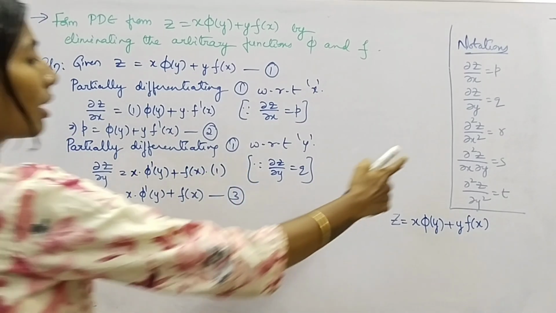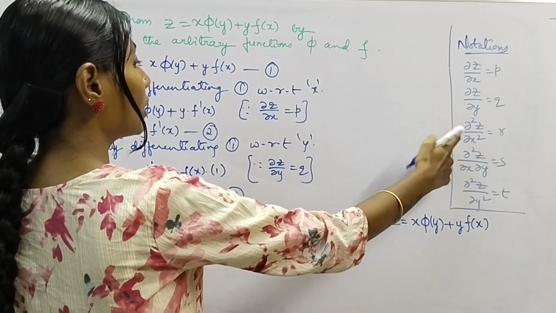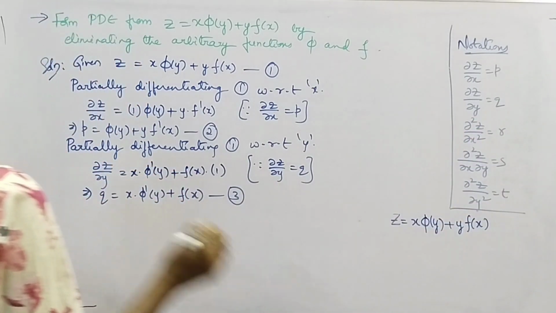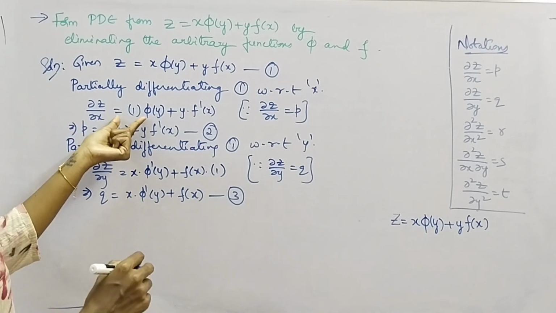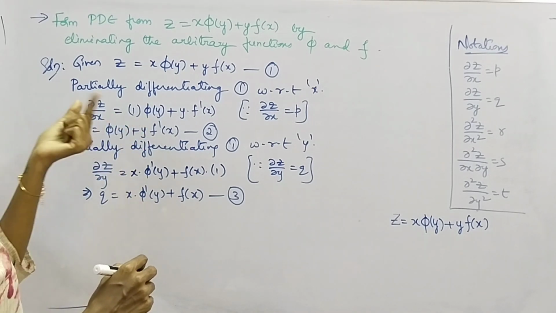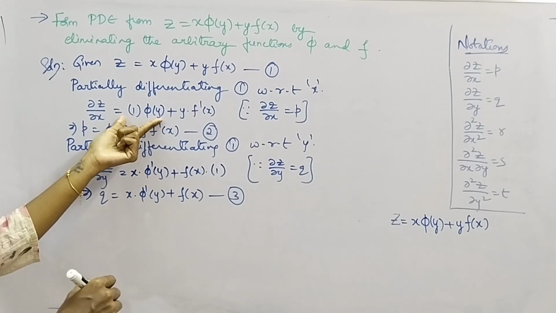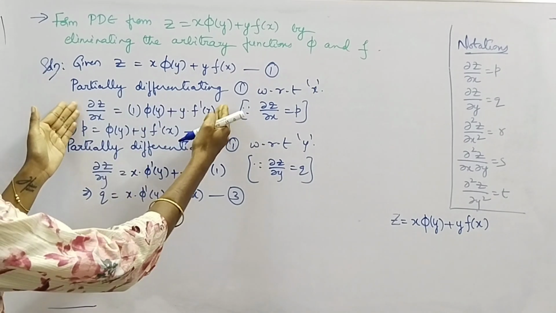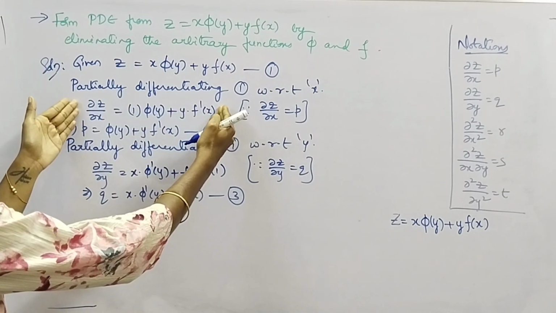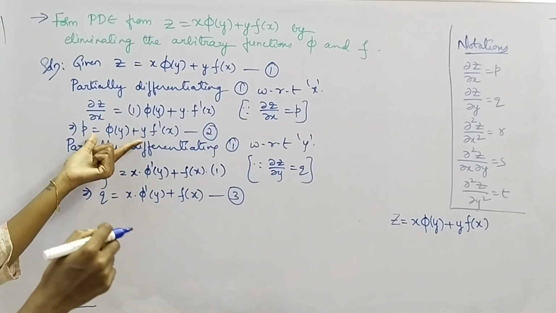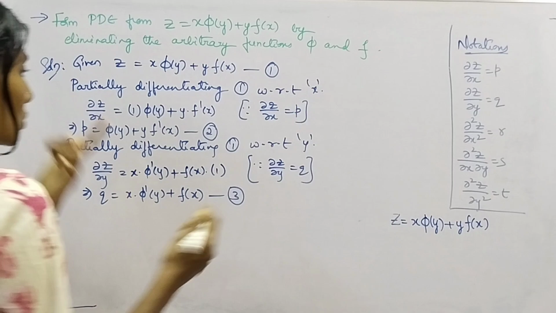Now let's find r. R is nothing but dou square z by dou x square. It's nothing but finding the partial derivative of 2 with respect to x. If you find the partial derivative of this equation with respect to x, you will get r. Or the partial derivative of p with respect to x is also r.